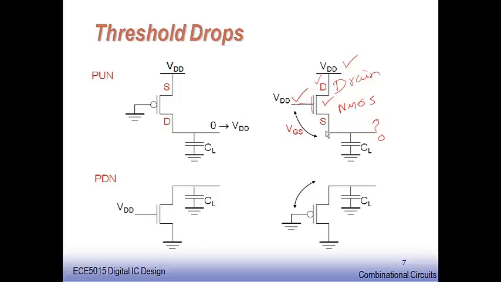Once the potential difference between the gate and the source falls to VGS, I am not going to have VDD reaching its fullest value, because the device would turn off. Here I would have VDD minus VTH, and the gate would be at VDD, so the difference would be VTN, which was pulling this device on.